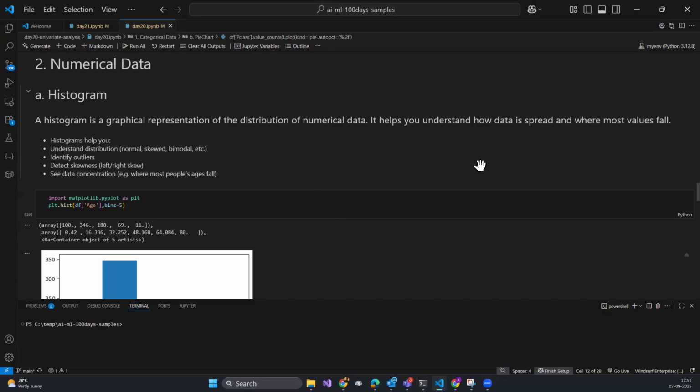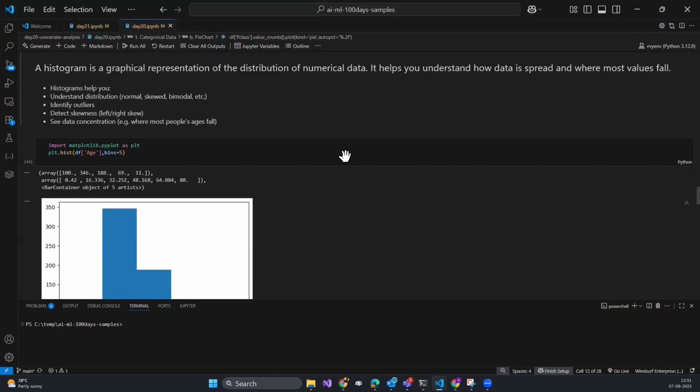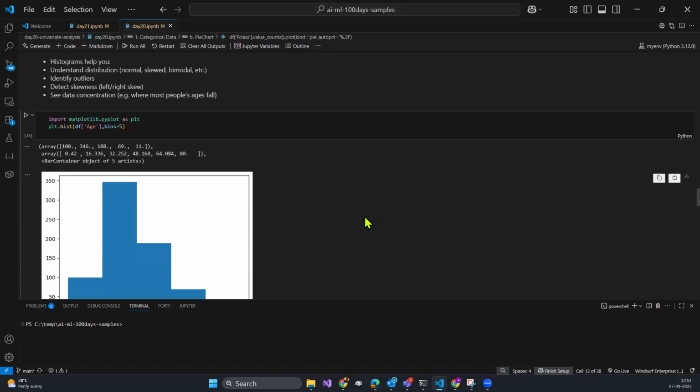What it does is help us understand and show how data is spread overall, and where most of the values fall, right? So this one helps us to understand the distribution. Is it normally distributed, is it skewed, or does it have bimodal peaks in the data set or something like that.